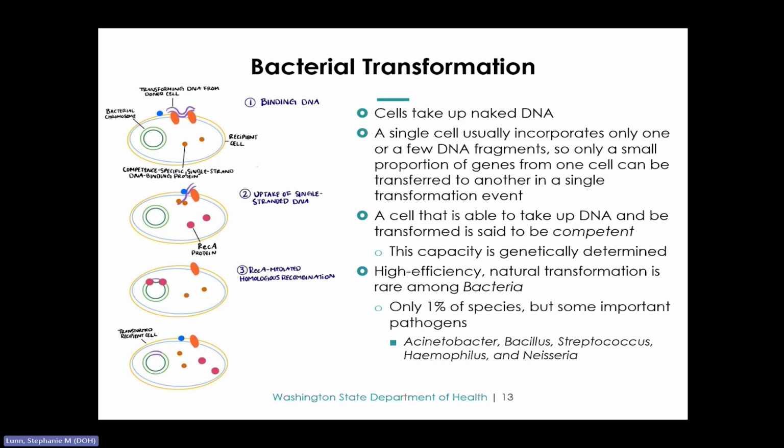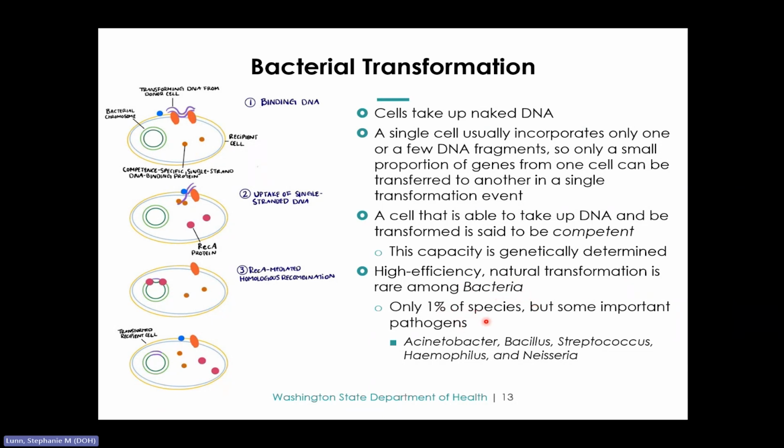And since a cell incorporates only one or a few DNA fragments at a time, only a relatively small number of genes will be transferred in a single transformation event. Cells that are able to take up DNA and be transformed are said to be competent. But this capacity is genetically determined. While certain species of both gram-negative and gram-positive bacteria are naturally transformable, high-efficiency natural transformation is actually rare among bacteria.